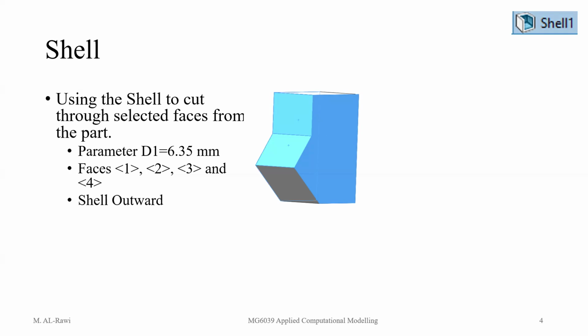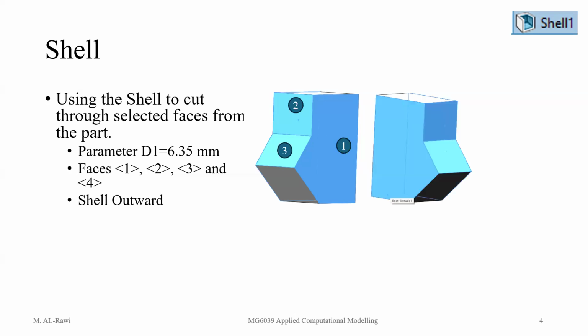I'll tell you which faces: 1, 2, and 3, and there is a fourth face from the other side. You select that fourth face. So again, 1, 2, 3, and turn it to the other side. We haven't selected the bottom, make sure of that.